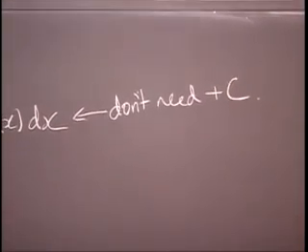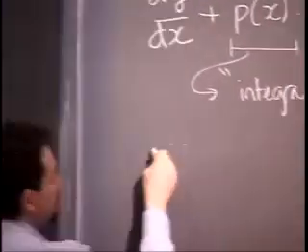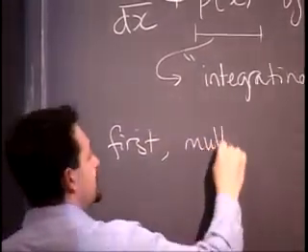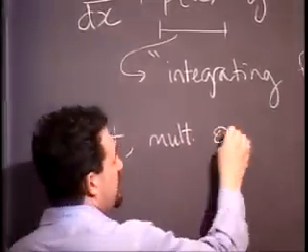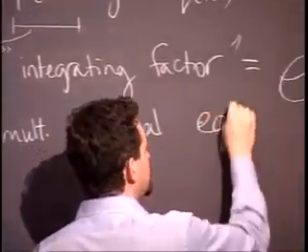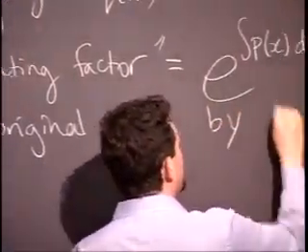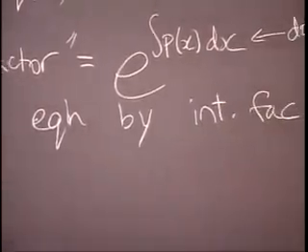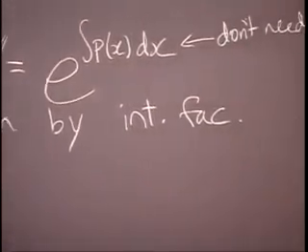If you multiply through the differential equation, so the first thing you do, multiply the original equation by this integrating factor. So you do that first.